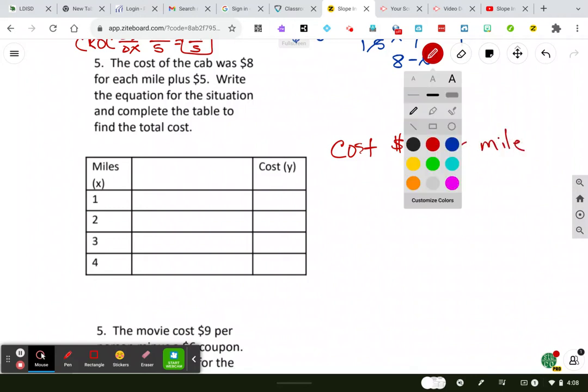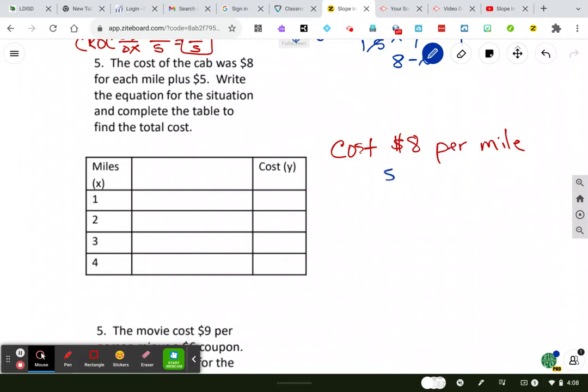So what this means is I'm going to spend $8 every mile I go. So there's my mx. So I've already got part of my equation. So I know that this is going to be 8x plus $5. Well, that's pretty self-explanatory.